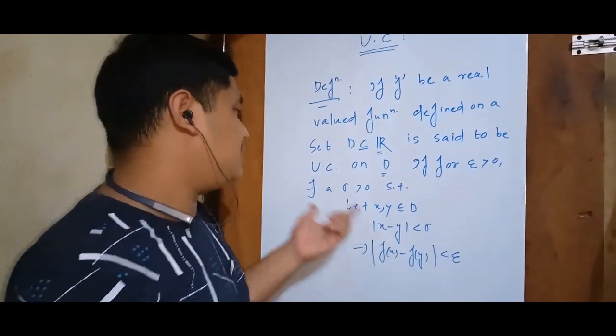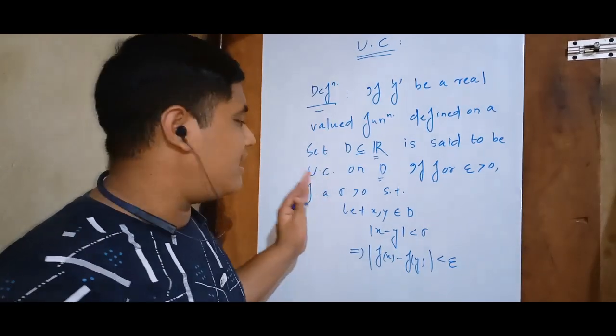Then we can say this function is uniformly continuous on the particular domain.